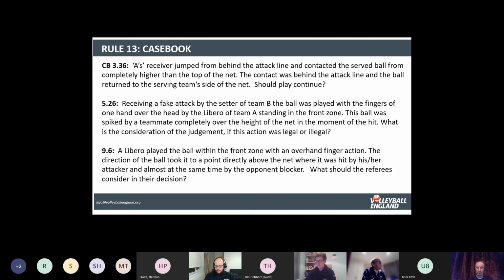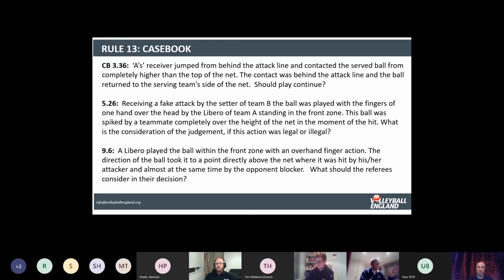Yeah, and I think what you need to do in that situation is you need to look at the action of the libero. So if you see the libero consciously withdraw the foot into the air and then kind of reset on the leg they're standing on, and then play the ball, then you can go, this is a conscious action not to be in the front zone.